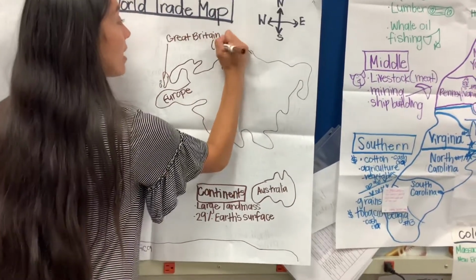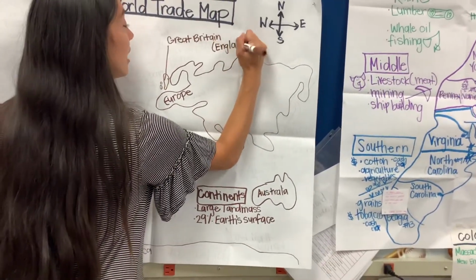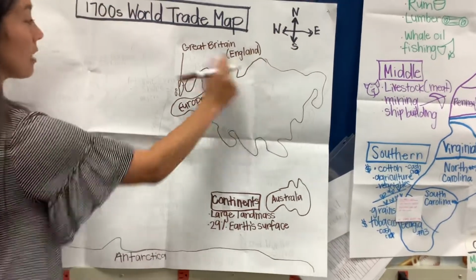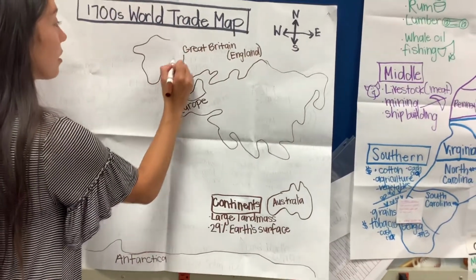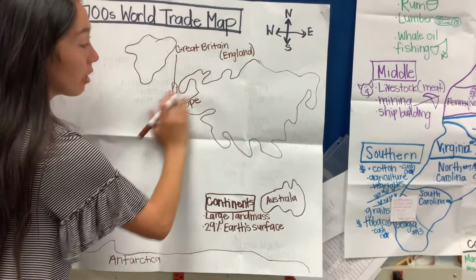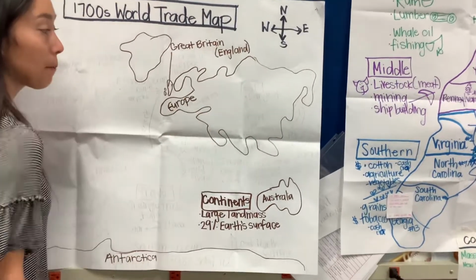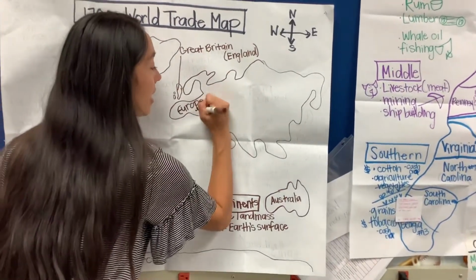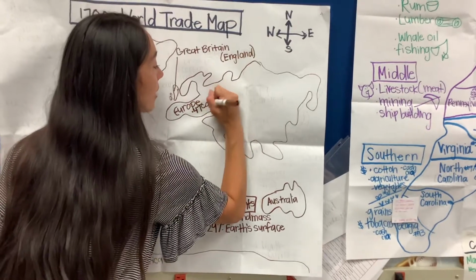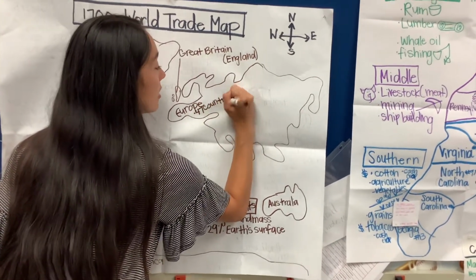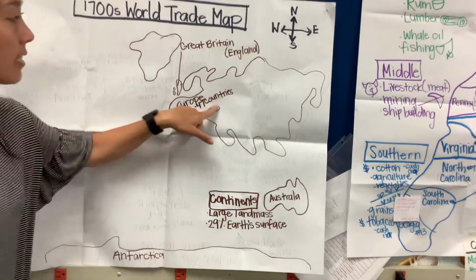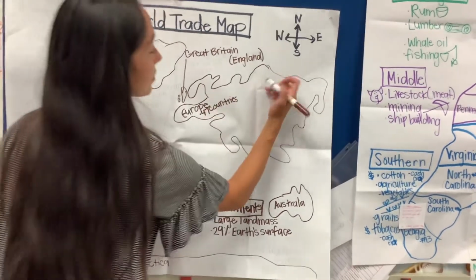Another name for Great Britain is England. Say this with me, England. Europe has Great Britain as one of its 47 countries. Say this with me, 47 countries.